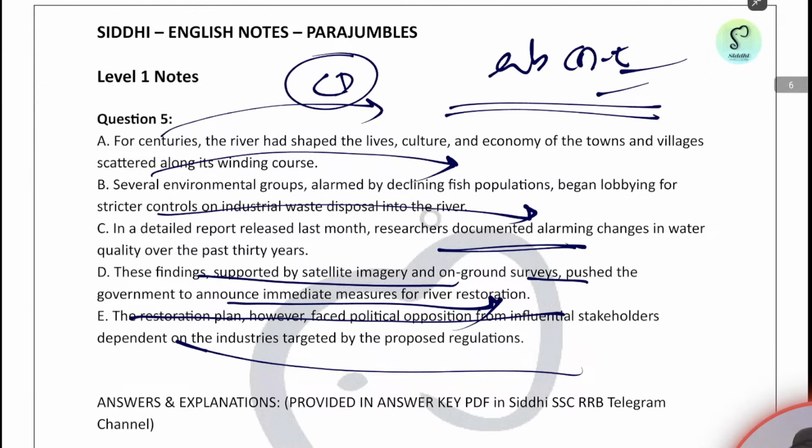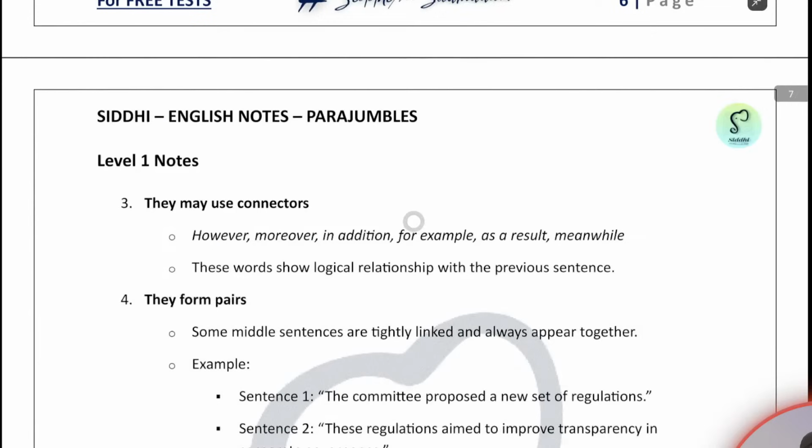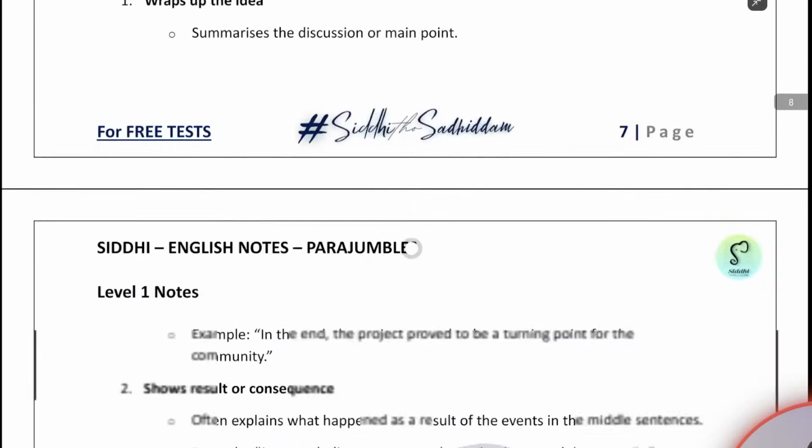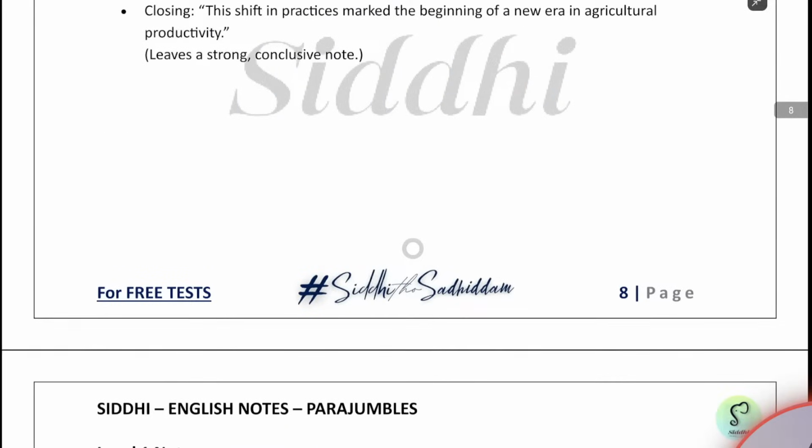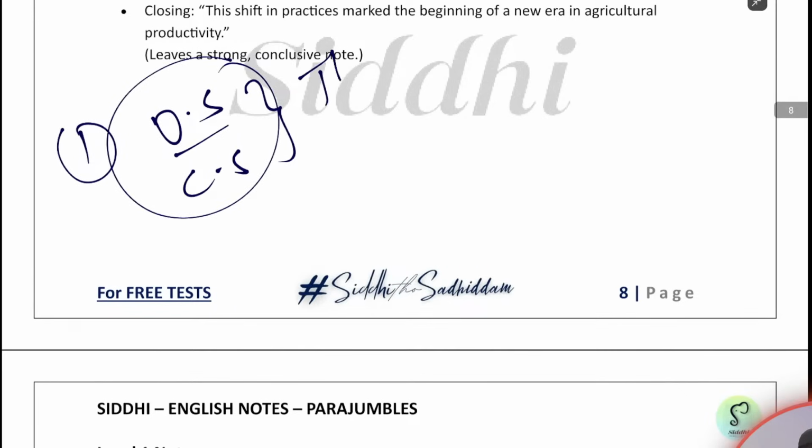Right? Okay. So, what are the techniques for us to handle RCs or parajumbles here? What are the techniques that we are using? First, either we are going with the opening sentence or a closing sentence. This is based on the theme, and we are identifying a mandatory pair, and we will eliminate options using mandatory pairs, right?